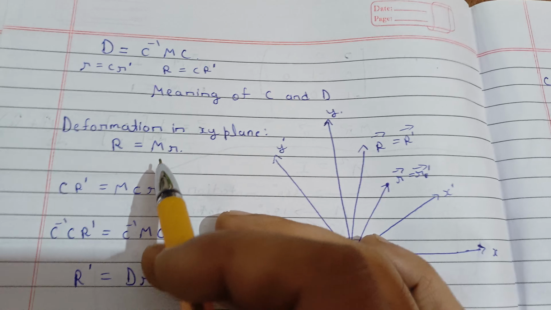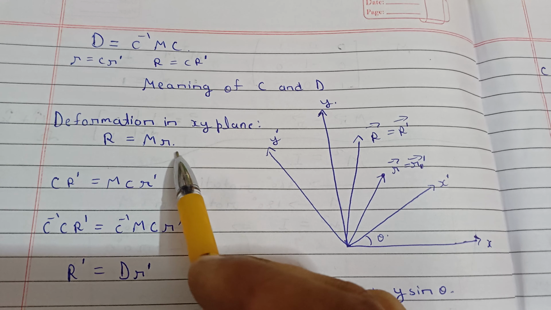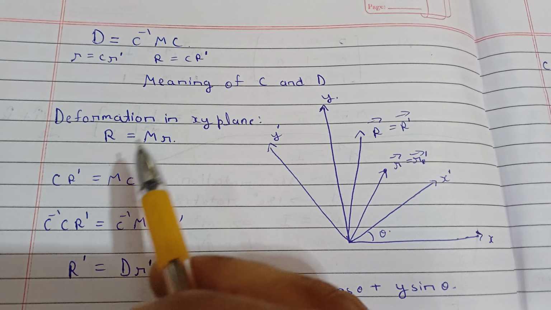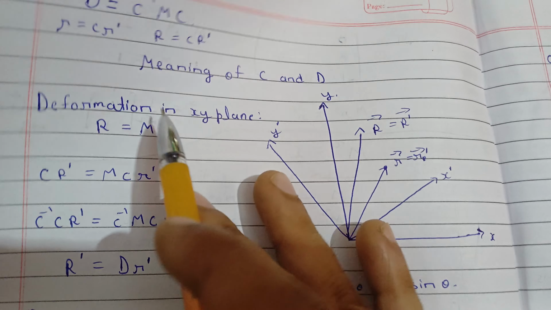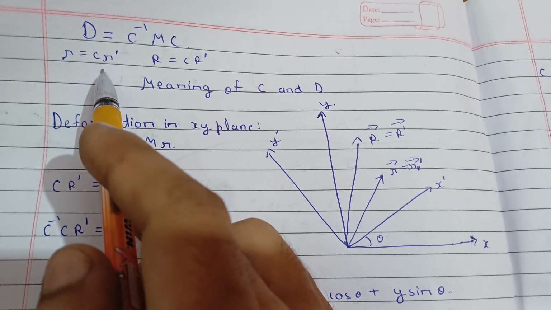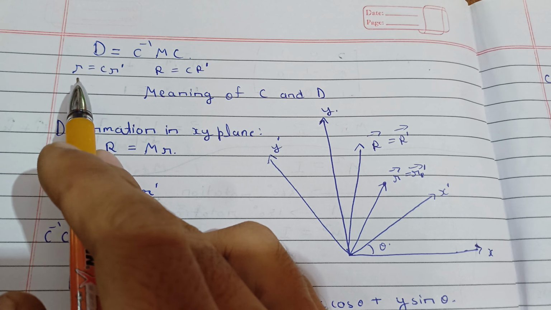To understand the D, we need to understand some more things. So I told you that if there is a deformation in the matrix, you can see this deformation was in different planes, means r dash was in the x dash y dash plane and r is in the xy plane, and here also r dash in the x dash y dash plane, and capital R is in the xy plane.